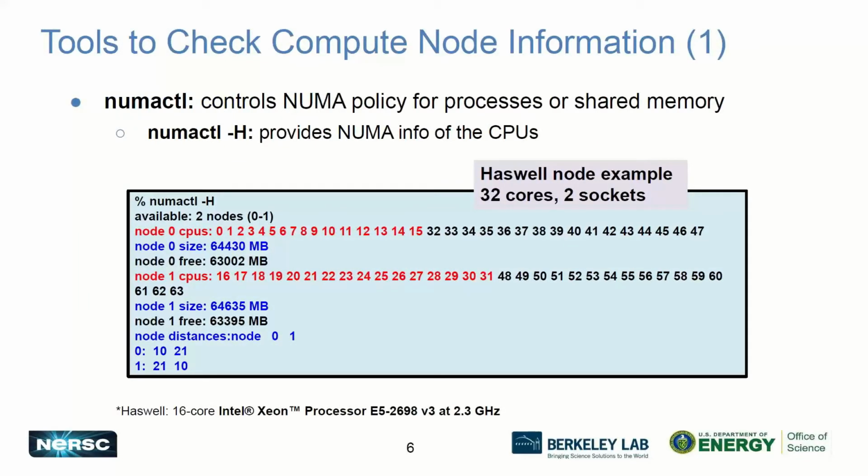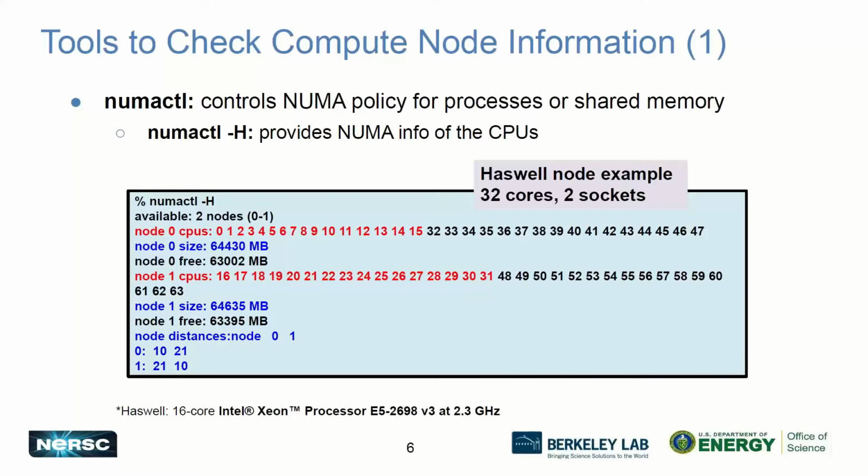So in order to do that, we need to understand the hardware architecture first. There are a few tools to do that. One of them is numactl with the -H flag for hardware information. This is a Haswell node example with 32 cores and 2 sockets. This does tell you available nodes: 2. This node is not the compute node, it's actually a NUMA domain. So there are 2 NUMA domains in this example.